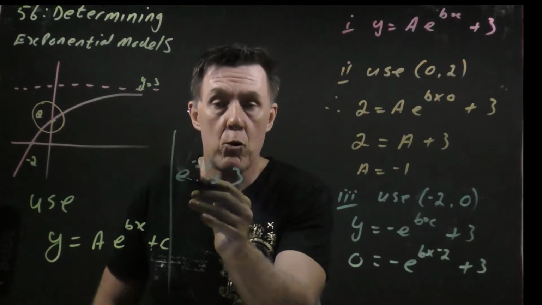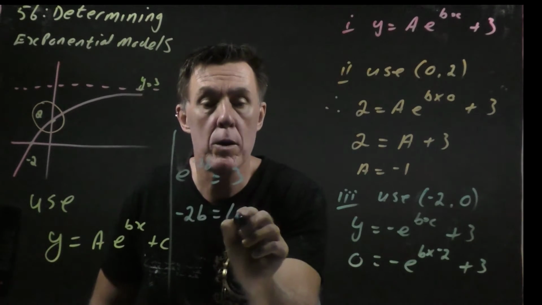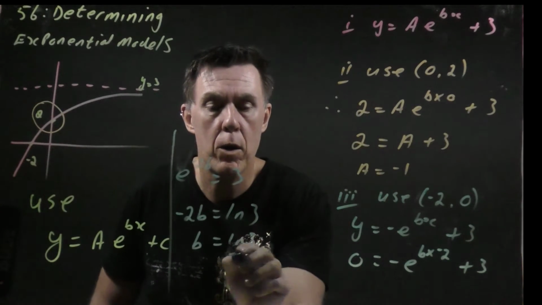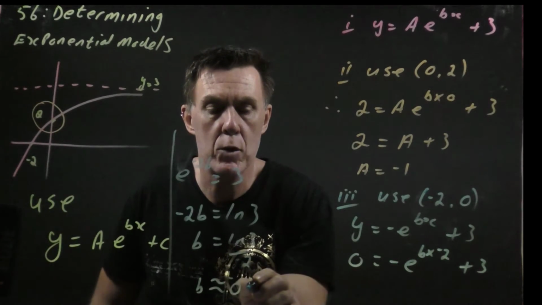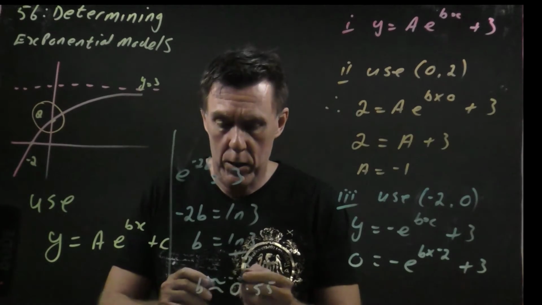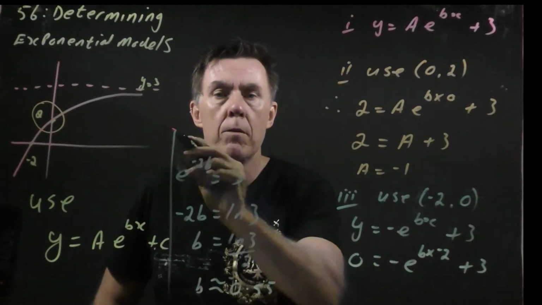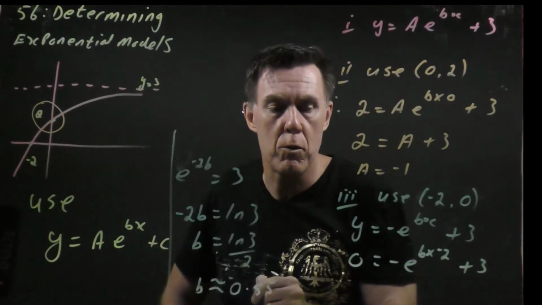If I now take natural logs of both sides, I'm going to have -2b is equal to the natural log of 3. b is going to be equal to log 3 over -2. b is approximately equal to -0.55. I now have everything I need to come up with a possible model from this. So, sorry for my working being really out of order.